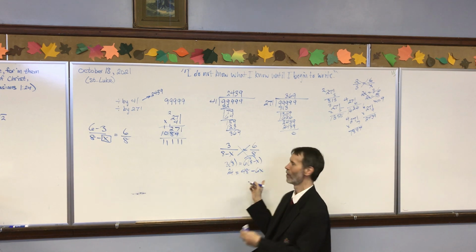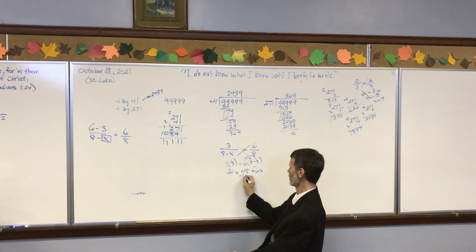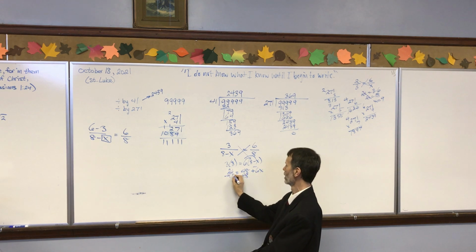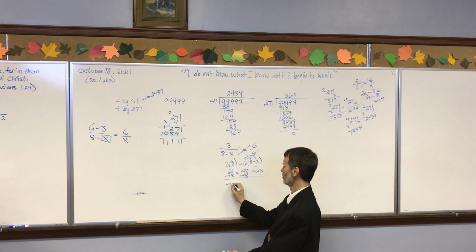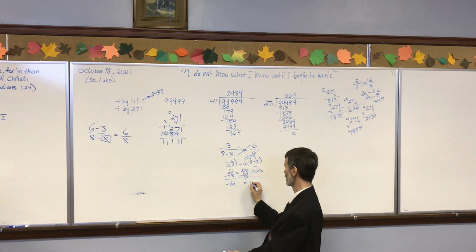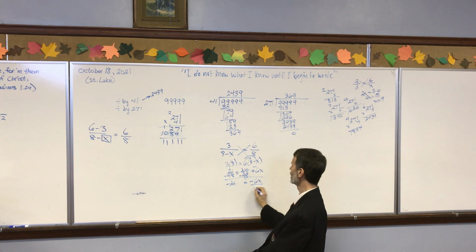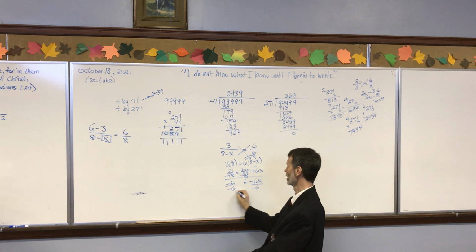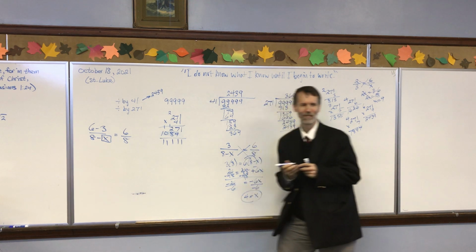That's an algebra problem. Add the opposite. Subtract 48, and I got negative 24. Sorry. Equals negative 6x. One step, divide by negative 6. X equals 4. Does that make sense?